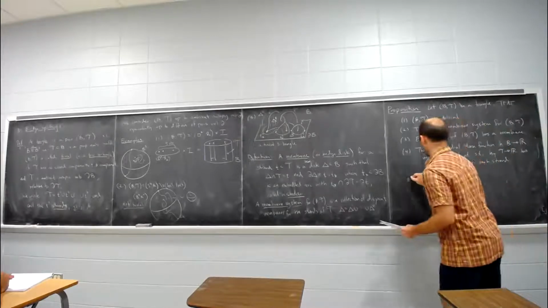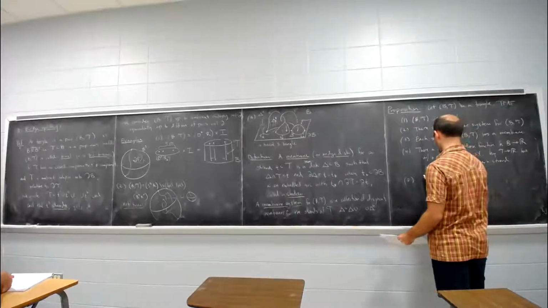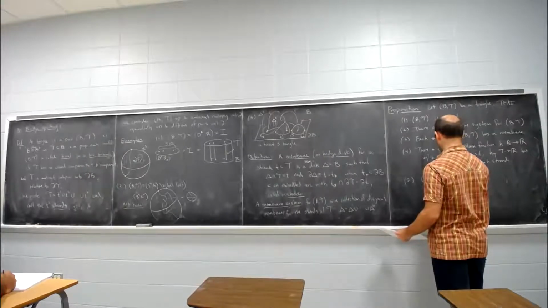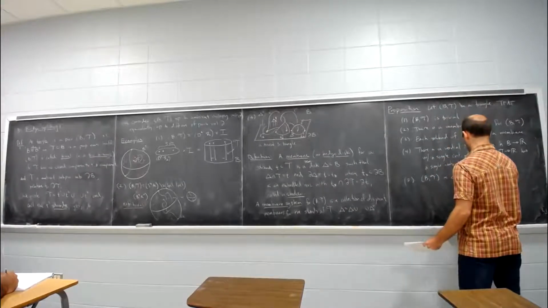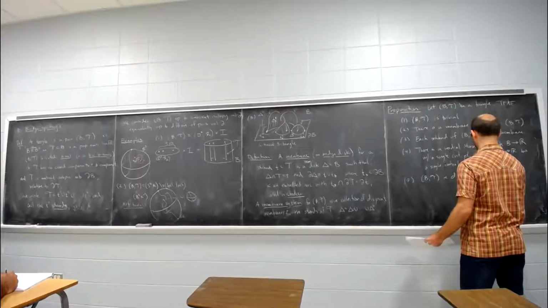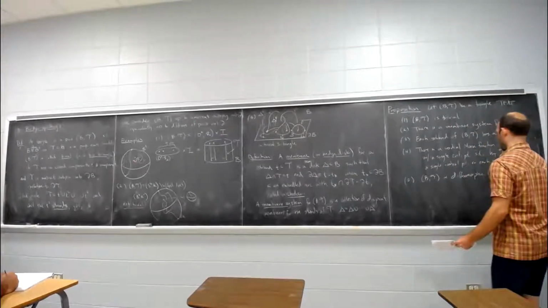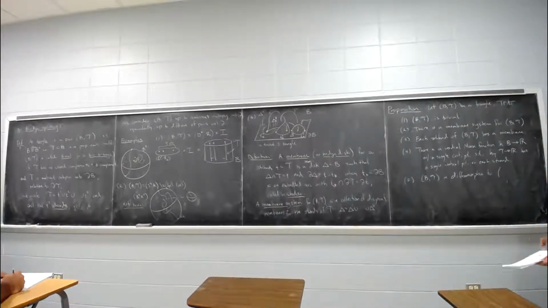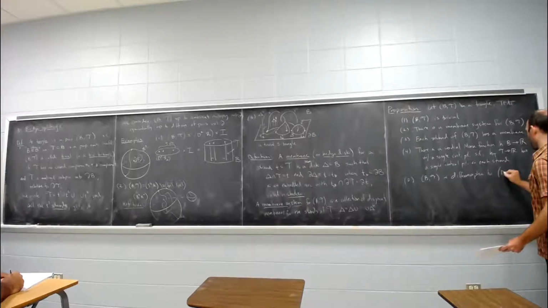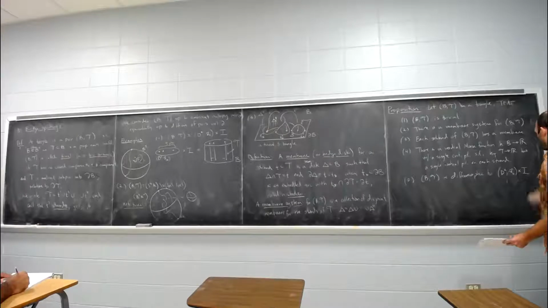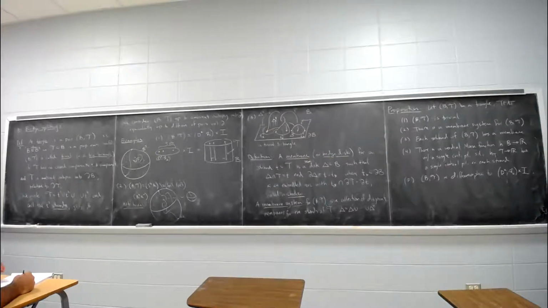And then the last one is that the pair B, T is diffeomorphic to the pair that I described over there, D2 cross I, with X b cross I.